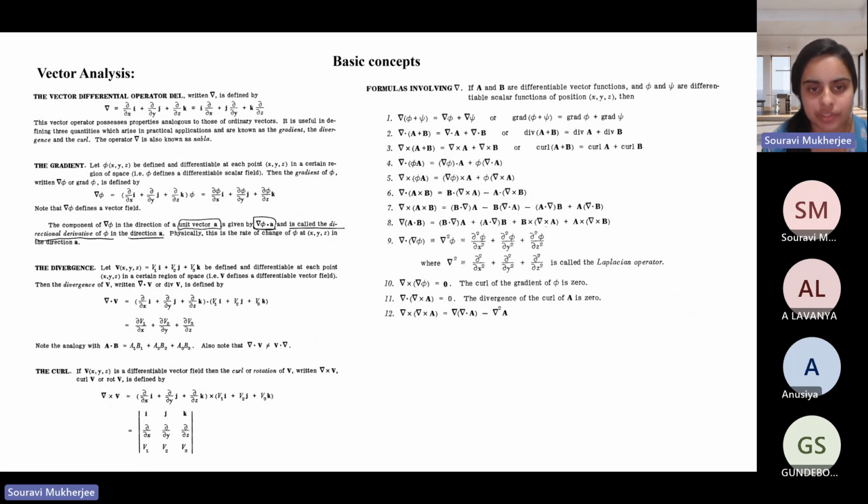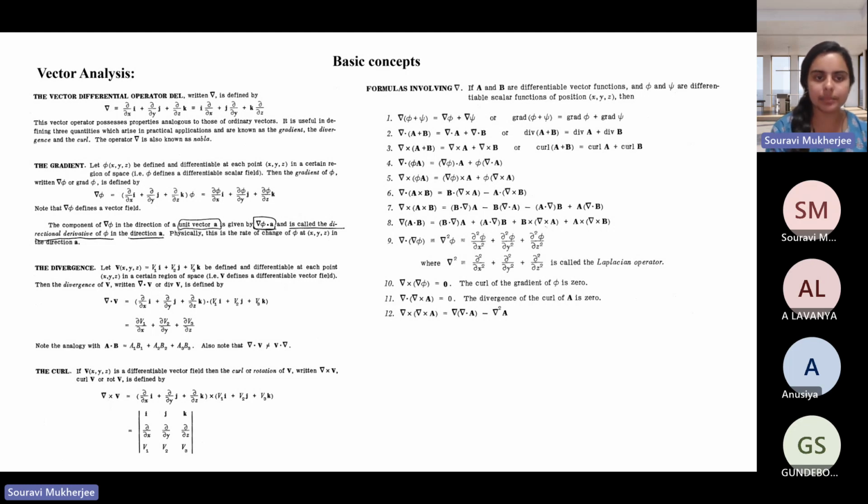When you come to divergence, as the name suggests, it tells you how the field lines diverge from a point. If you have some vector field, how does the field diverge from a given point? That is quantified in terms of the divergence. Curl tells you if there is a rotation of the field at the point you are considering.